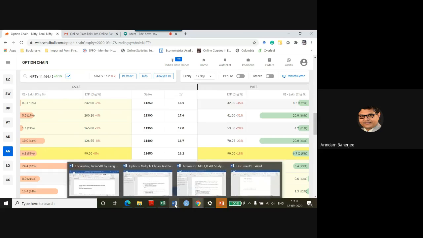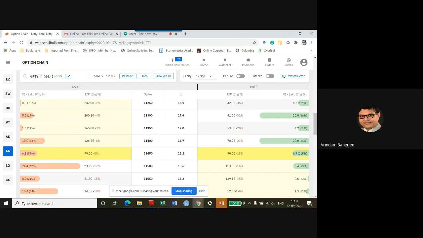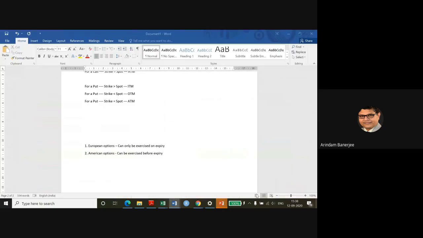Now, out of this option chain, this is last traded price. This LTP is nothing but the premium. The LTP, which is shown here, is actually the premium. It is the last traded price. Now, this premium can be determined, number one, by market.